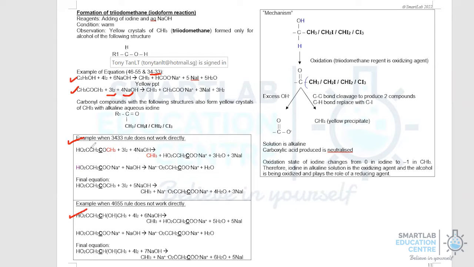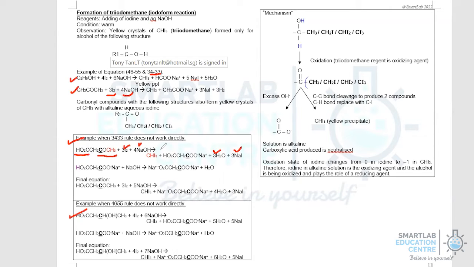Let's take a look. An example of where 3433 does not work is in this structure here. We know this can give a positive Iodoform test, but we also need to note that there's a carboxylic acid group inside. So the first thing we do is apply the 3433 rule first.